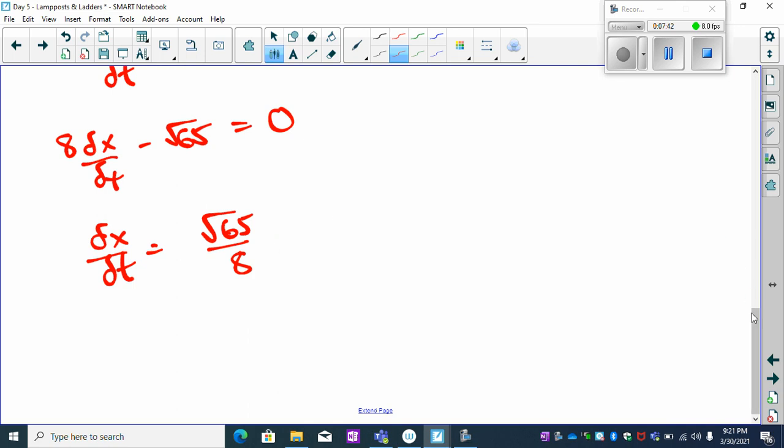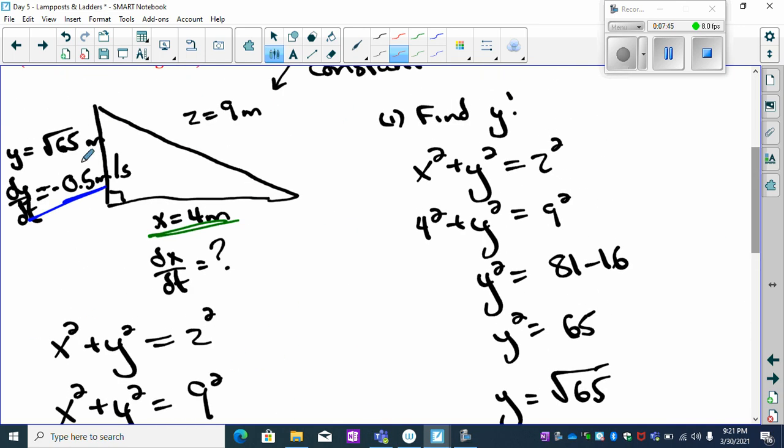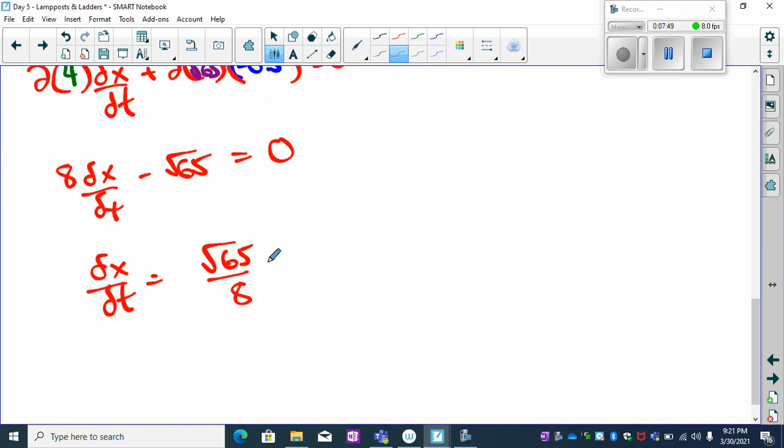And the units on that would be the same as the units on this, meters per second. Now that's going to be something awful close to 1, because the square root of 65 is awful close to 8. If I do some quick calculations in the calculator here, I get dx over dt equal to 1.0075 meters per second.